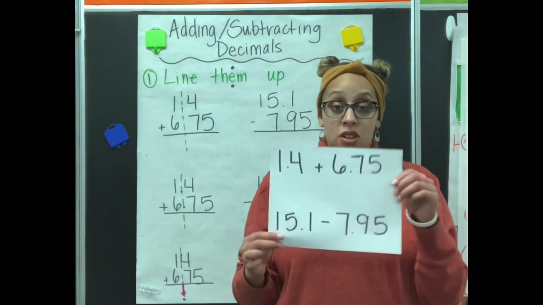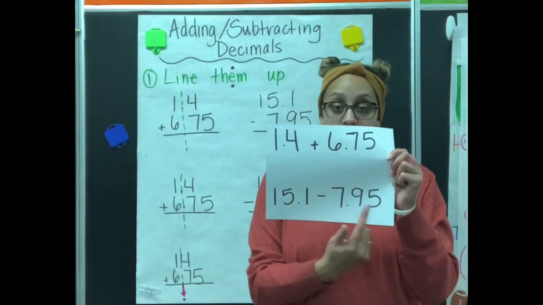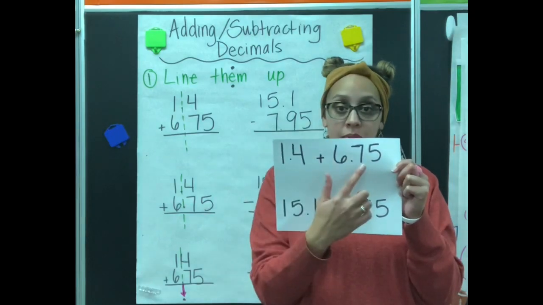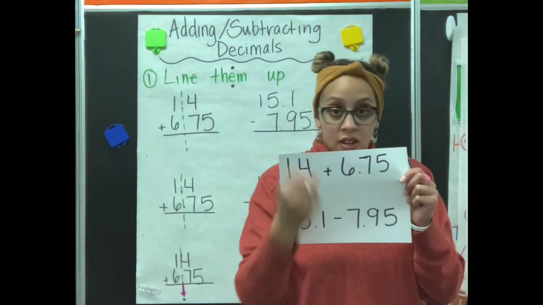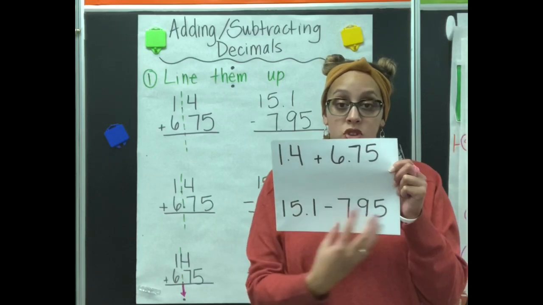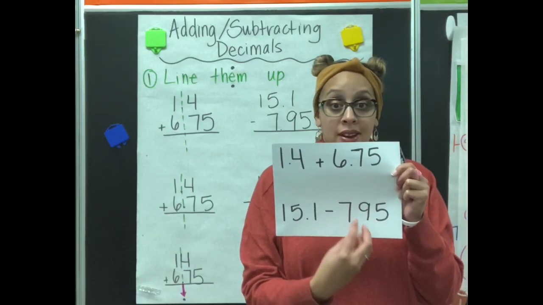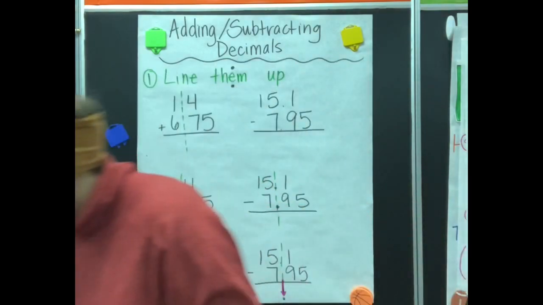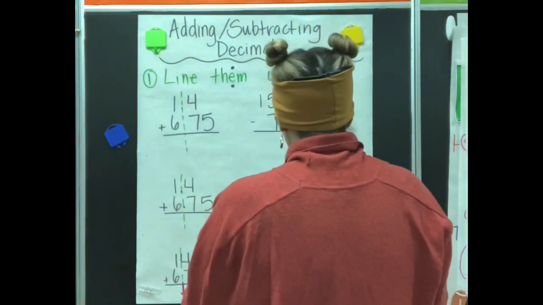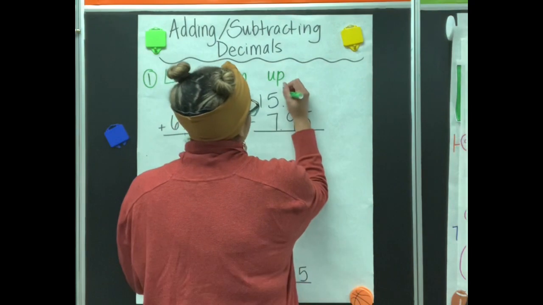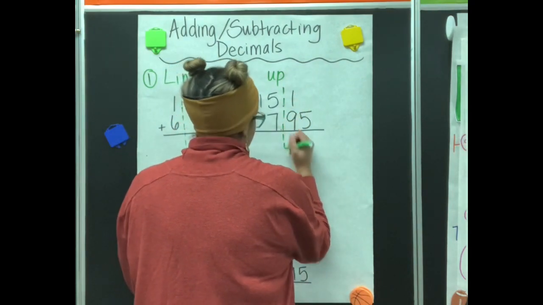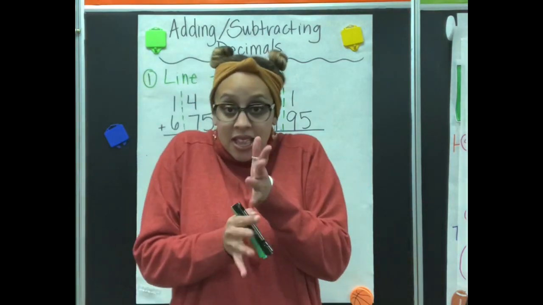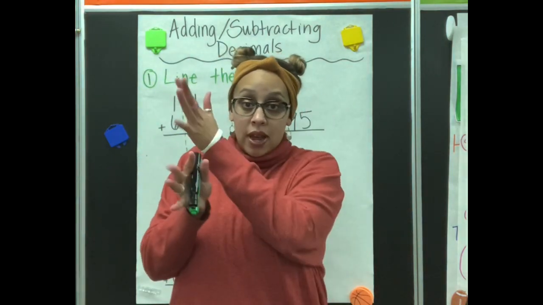That means this is either what we have or what there is, and this is what we're taking away. It could be the same thing up here, but when you're adding, you're putting them together. When you're subtracting, you're taking them away. And right now we can't take 15 away from 7, okay? So we line them up.